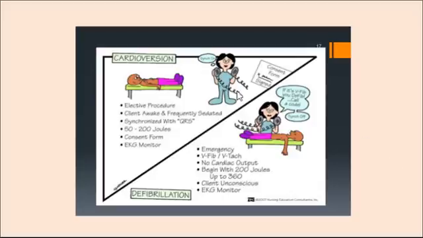With synchronized, you have the pads on them, you set it, and you're waiting for it to shock. So you have to say all clear, and you have to wait, because it doesn't shock immediately. It has to synchronize. It checks for the QRS to shock at the right moment, to shock the heart and wake up that sinus node to pick back up and work as the natural pacemaker.